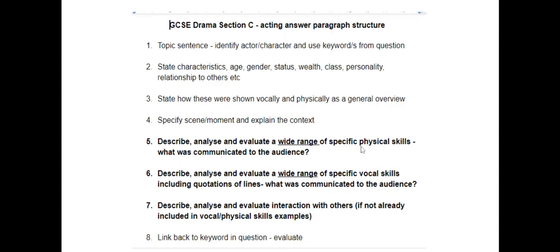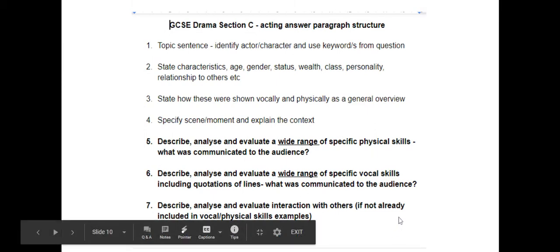Okay, so this is just a reminder of your acting answer paragraph structure. Remember, it's good to actually outline who the character is and explain the context of the moment you're referring to, because it makes it a lot easier then to describe what the actor was doing with their physical skills, vocal skills, how they're interacting with others. And remember, this fits in bold here because this is the meat of the answer.